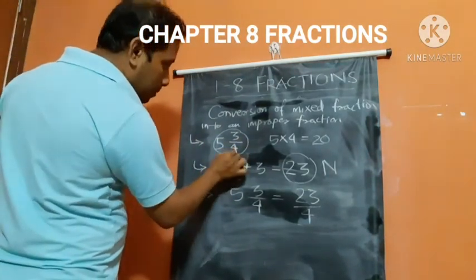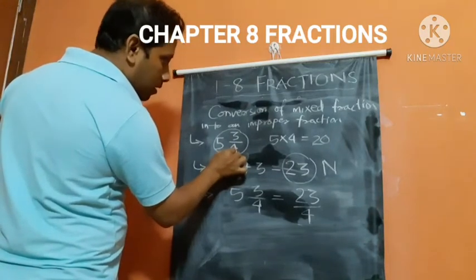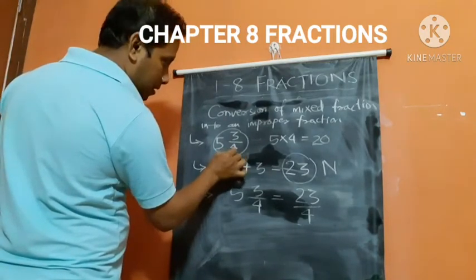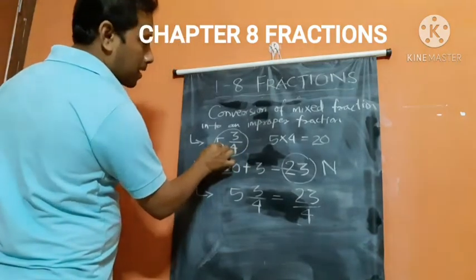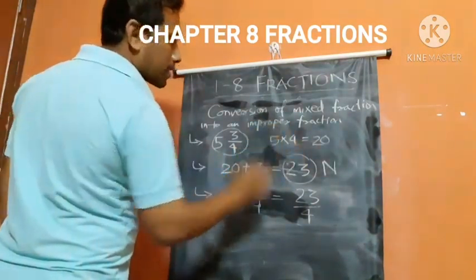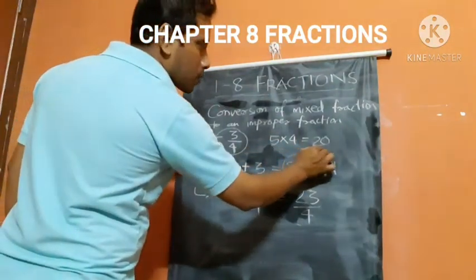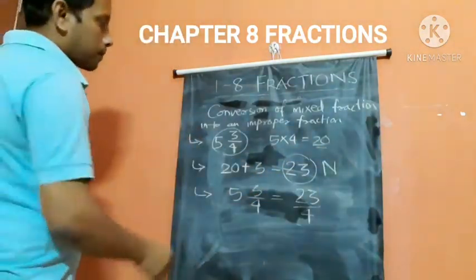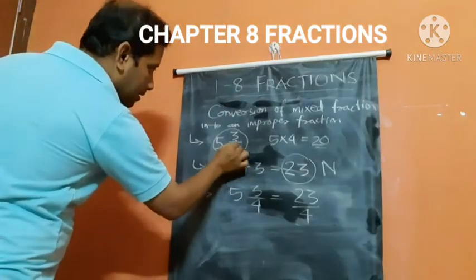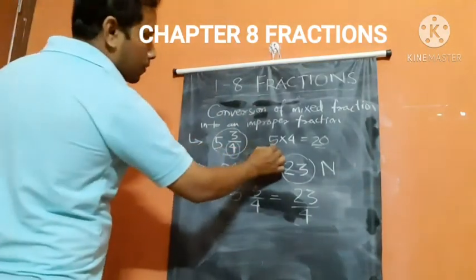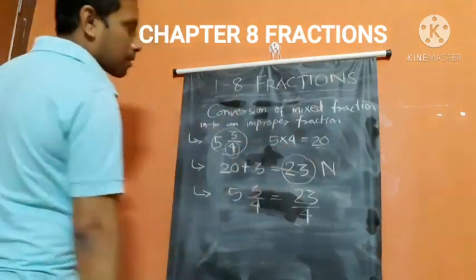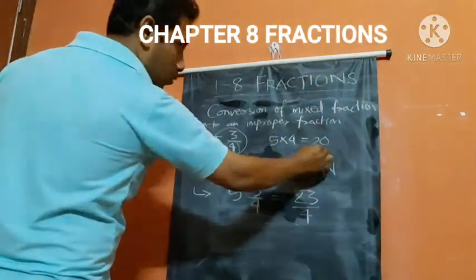First step: we multiply the denominator 4 with the whole number part 5, that is 5 into 4, which is equal to 20.